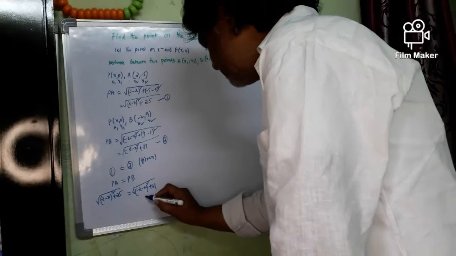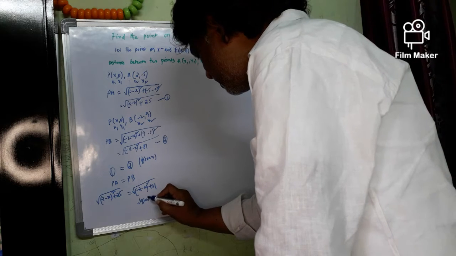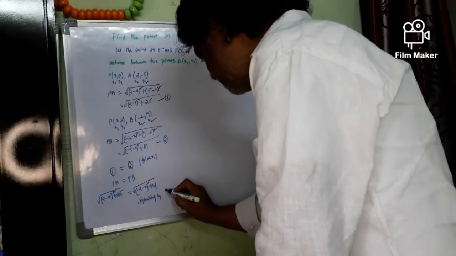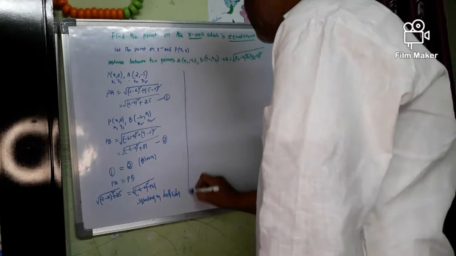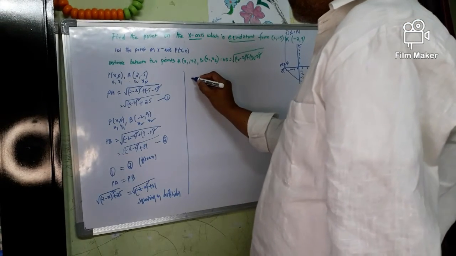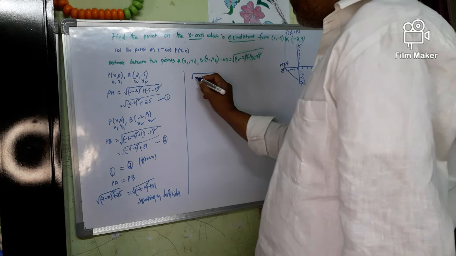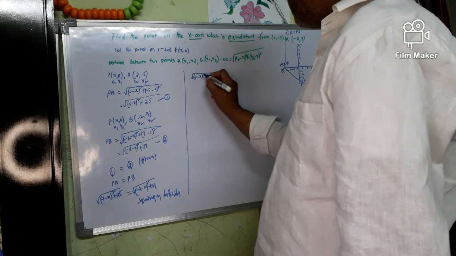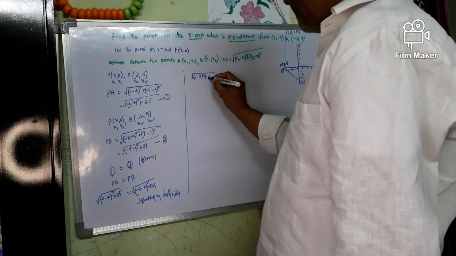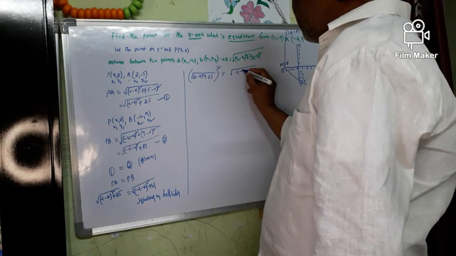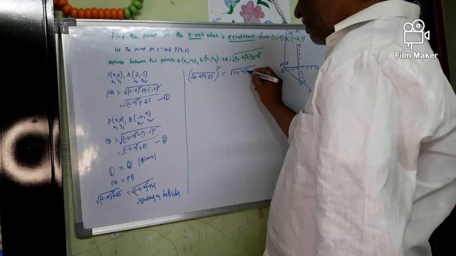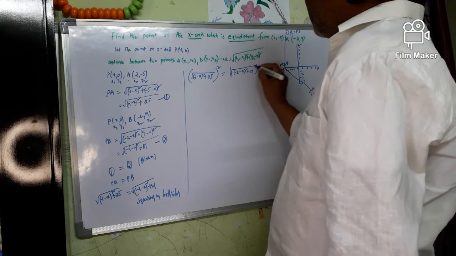Squaring on both sides, the square root of (2 minus x) whole square plus 25, whole square, equals the square root of (-2 minus x) whole square plus 81, whole square.